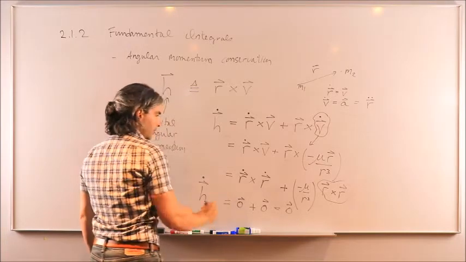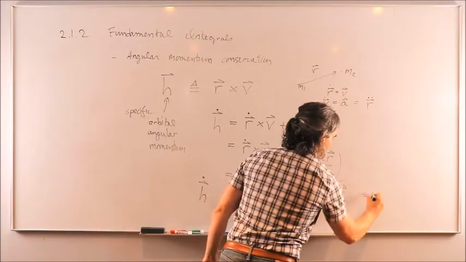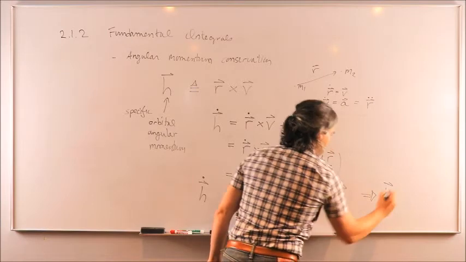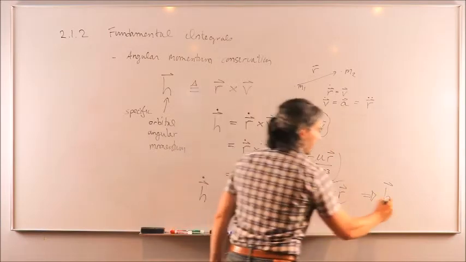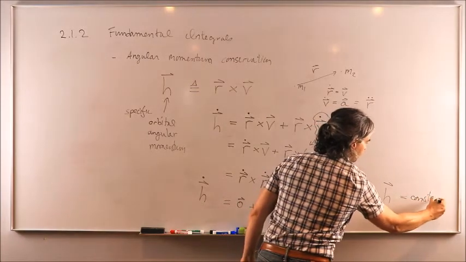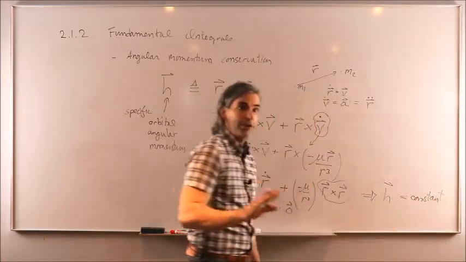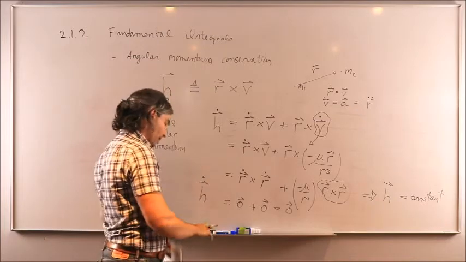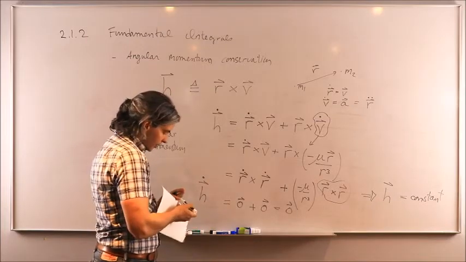Because h dot is equal to 0, that means that my orbital angular momentum h is equal to a constant under the assumption of the two-body problem, right? Why do I say that?